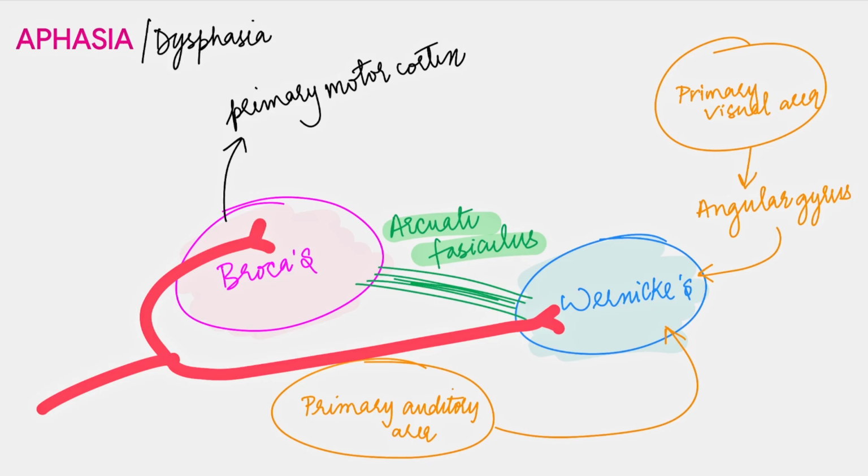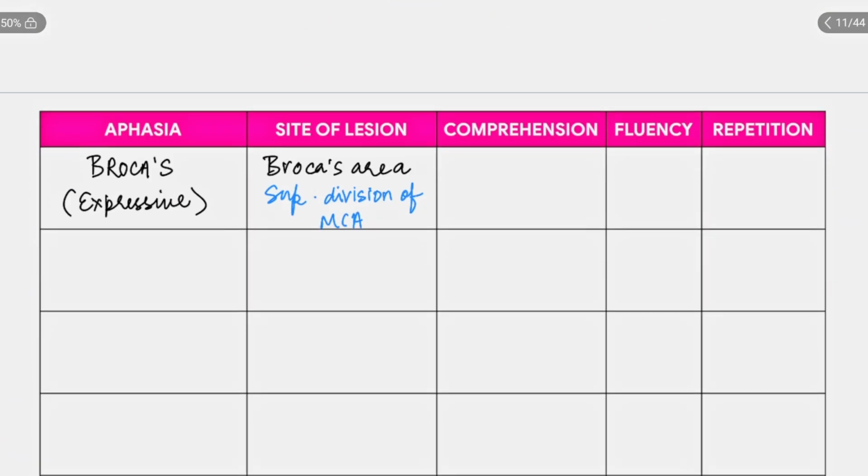The superior division supplies Broca's area, and then you have the inferior division. And one more thing that I want to say is it is the dominant cortex which is responsible for speech. Just keep this in the back of your mind. This will come in handy later.